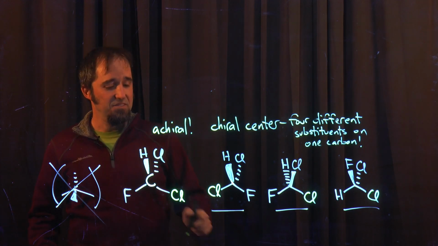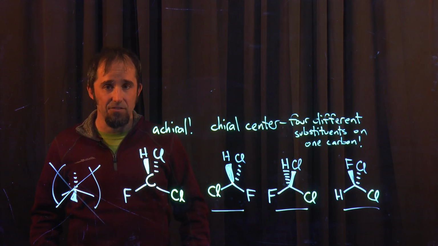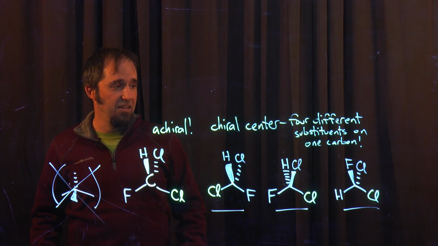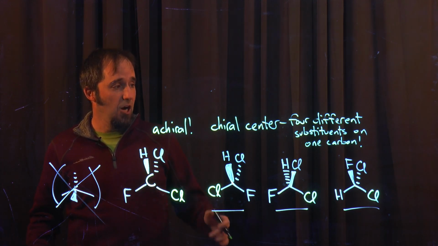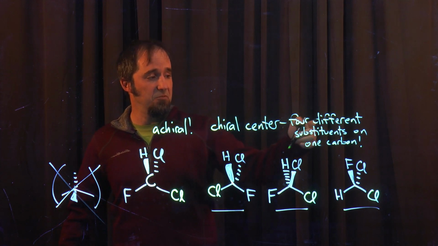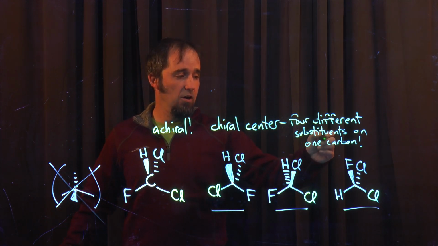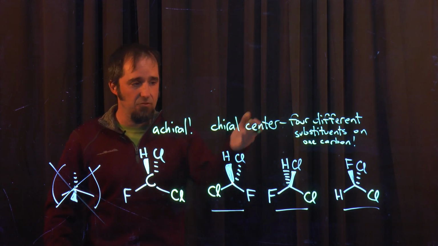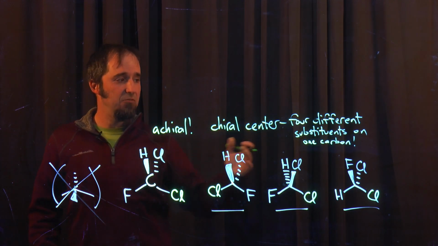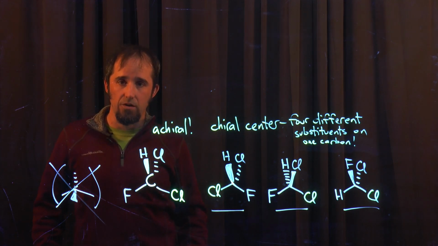So how can I conceptualize the difference between this one and the last thing that I had? The difference is this compound has no chiral center. A chiral center is typically a carbon, not always, that has 4 different substituents on one carbon. A rough definition of a chiral center is having 4 different substituents on one carbon.